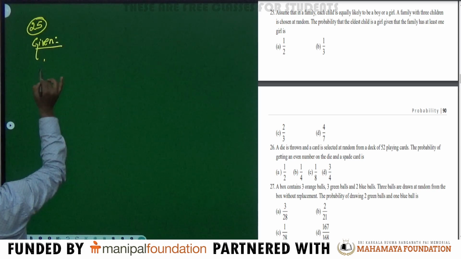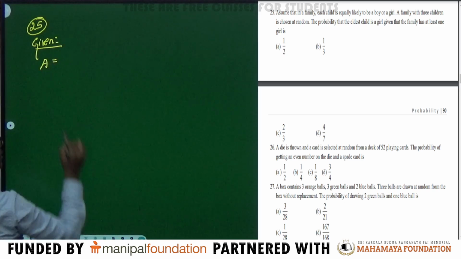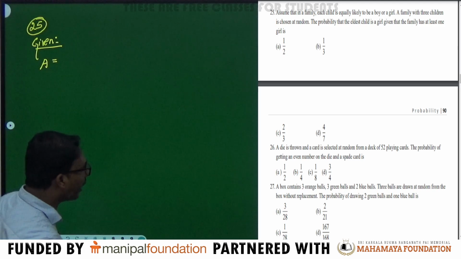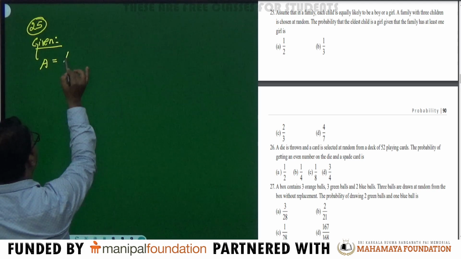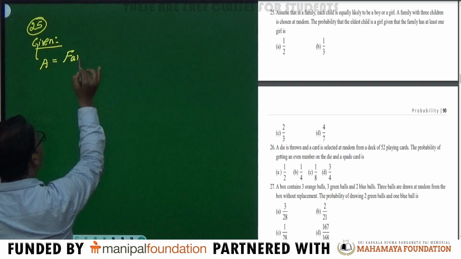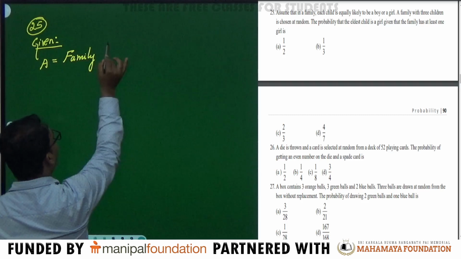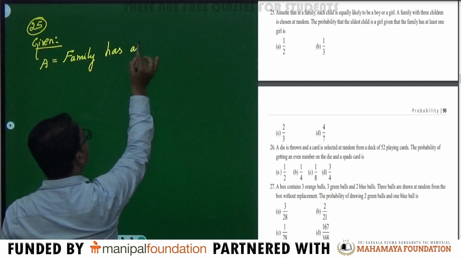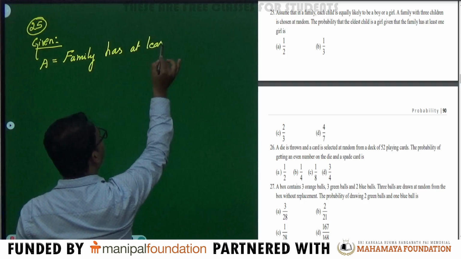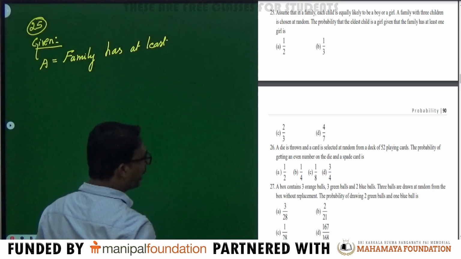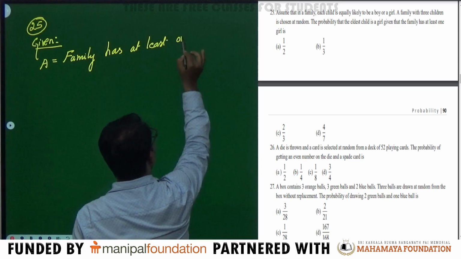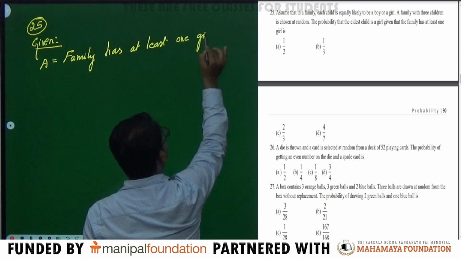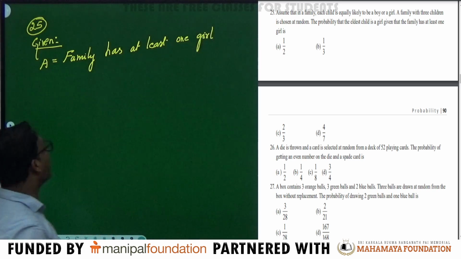So what is the given event? The given event is: a family has at least one girl.